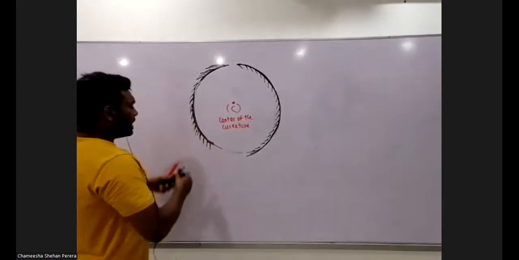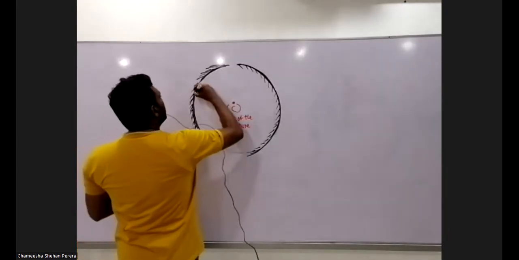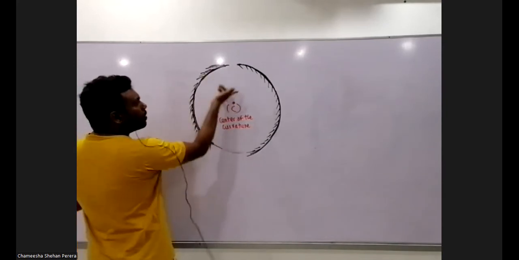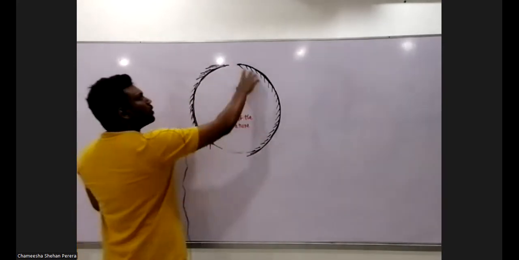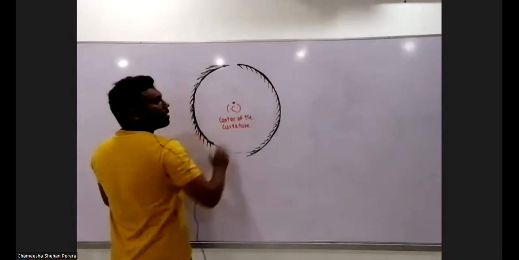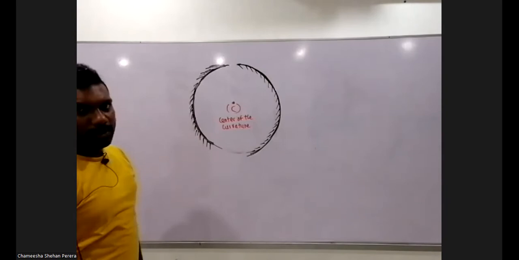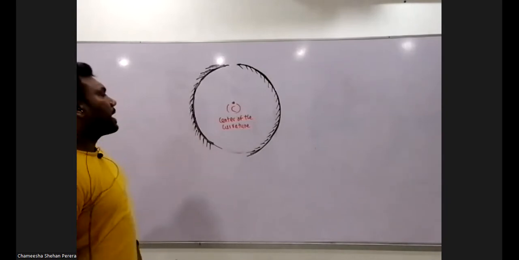That means the curvature of this curved surface is arranged around this center point. The curveness of this convex mirror also belongs to this center point.